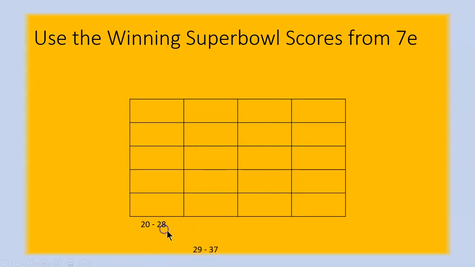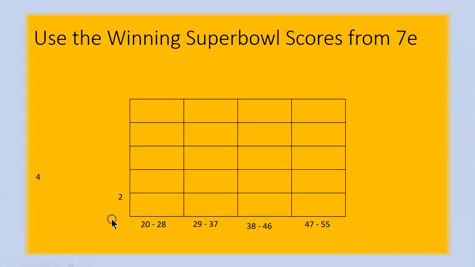So my intervals are 20 to 28, 29 to 37, 38 to 46, and 47 to 55. If you check your notes, that's really what they are. So make sure you put that in your notes. Now we're also going to label the y-axis.